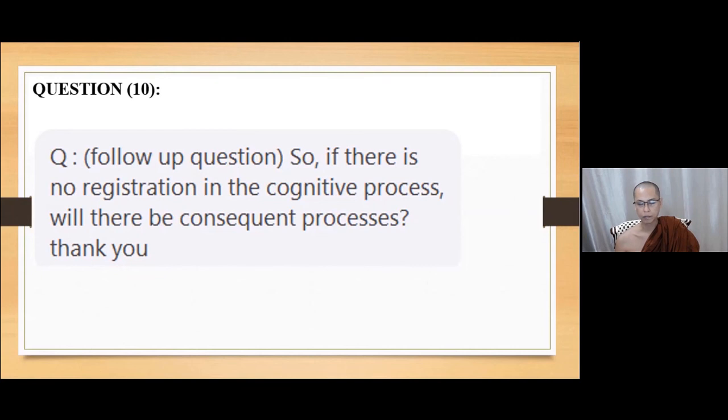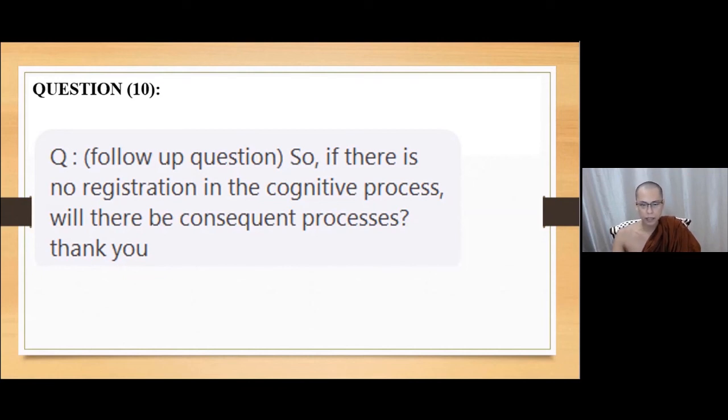In the same way, by the power of the javana, which is translated as impulsion, very powerful, it runs, and the registration is just the following. It means the registration moment is not really important. So by the absence of registration, it doesn't matter.